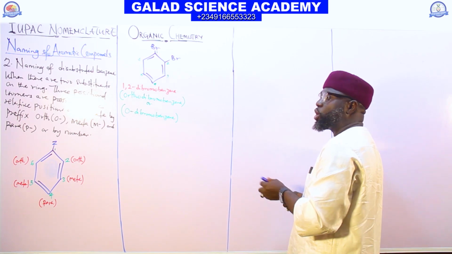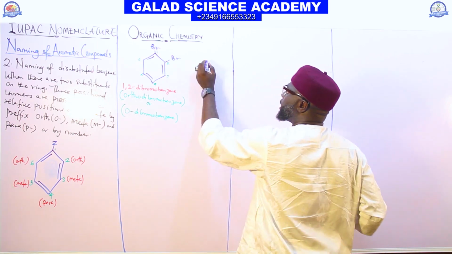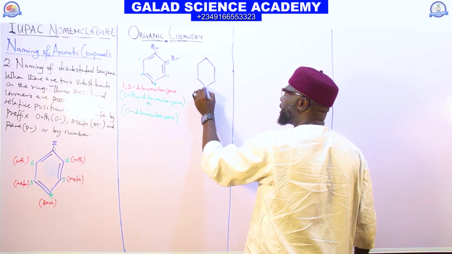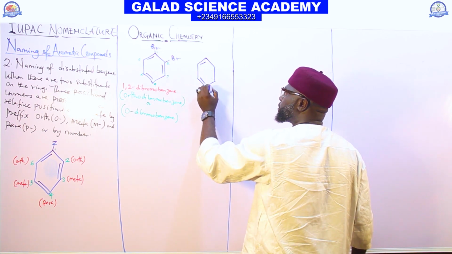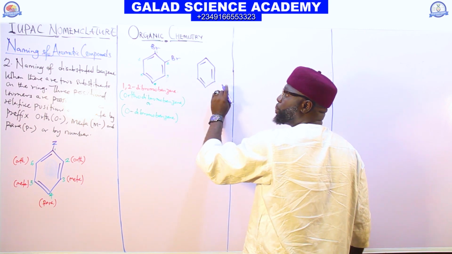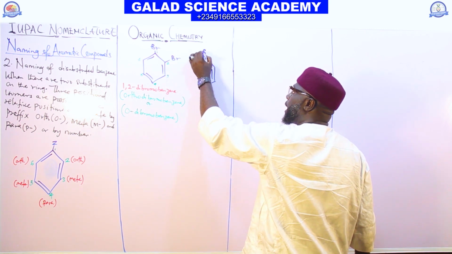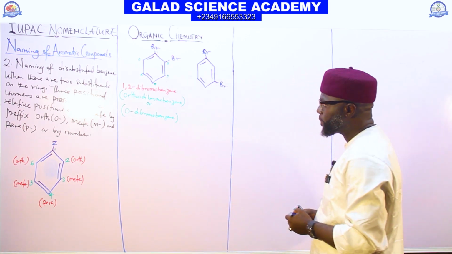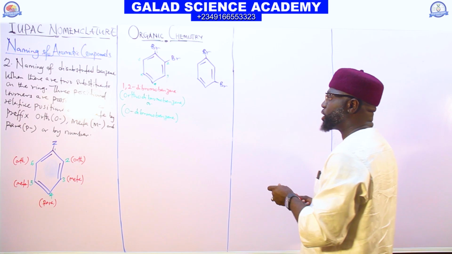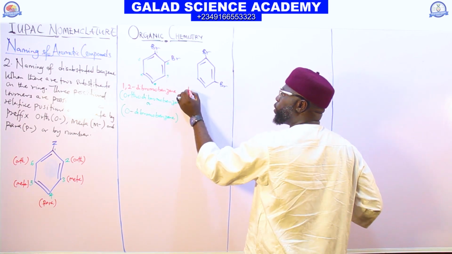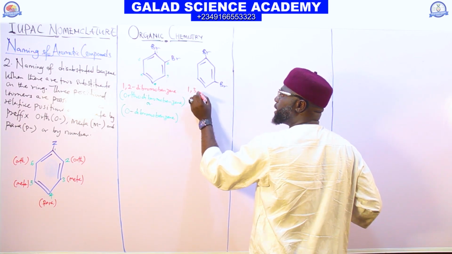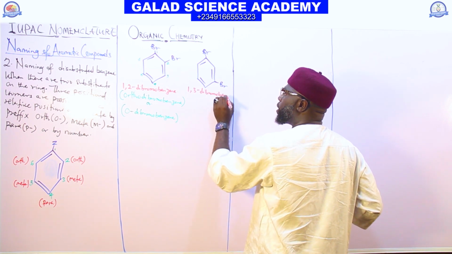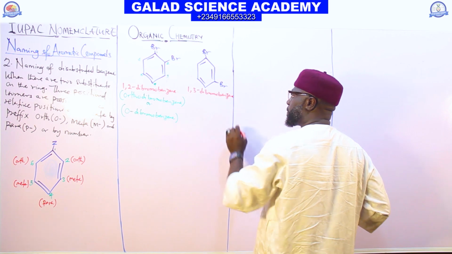But in case we have benzene in this form, and we put bromine here, we put the second bromine here. You can observe that this will be 1,3-dibromobenzene.